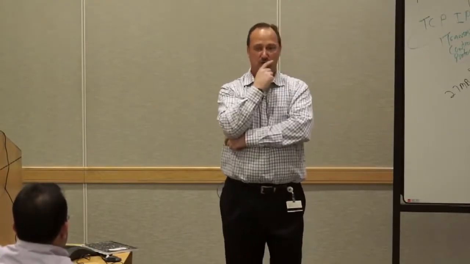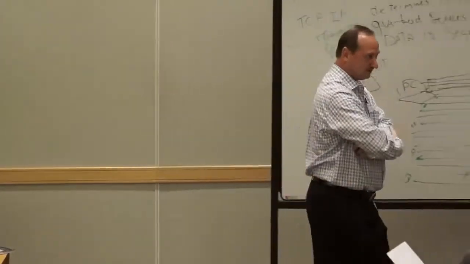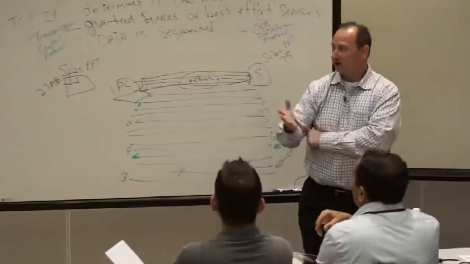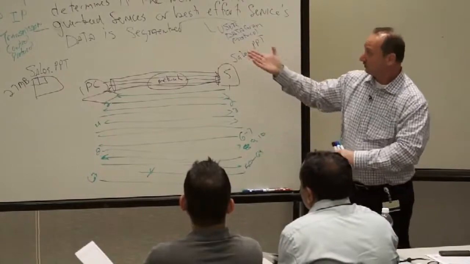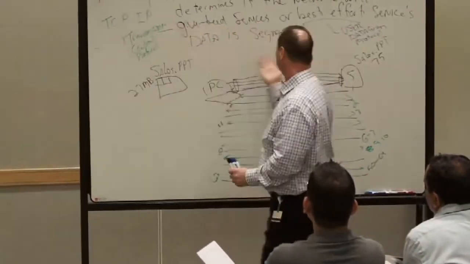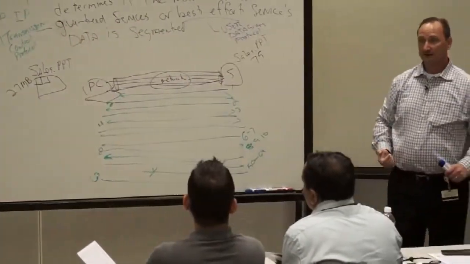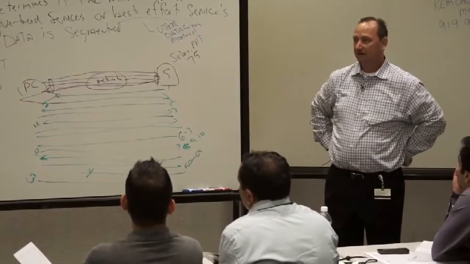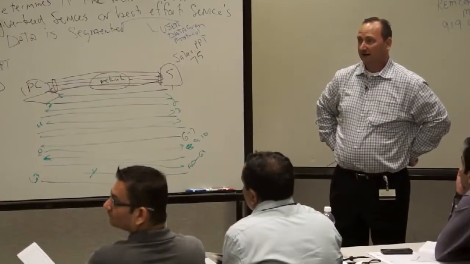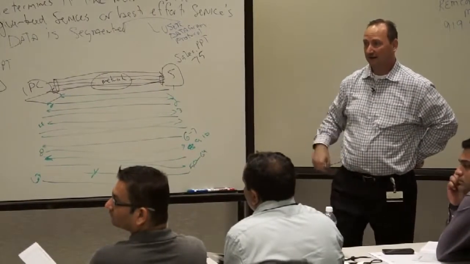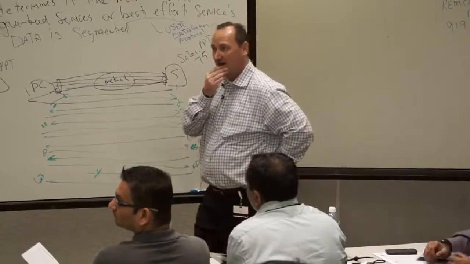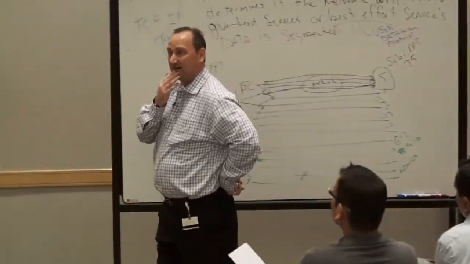Now, if you have a choice of voice on a data network, which one are you going to use? Are you going to use TCP or are you going to use UDP? Why? Because it's a kind of real-time communication. If you use TCP, the real-time communication doesn't work well.